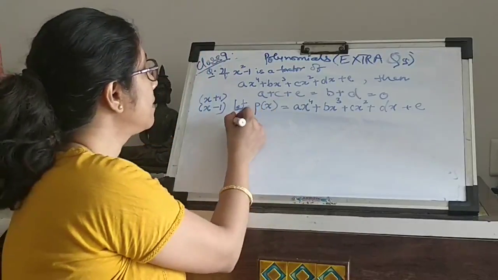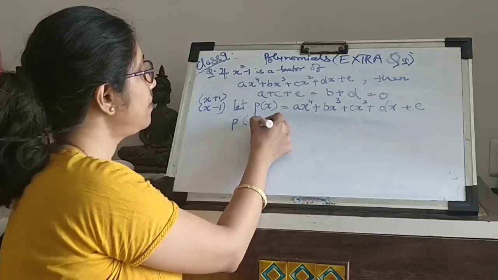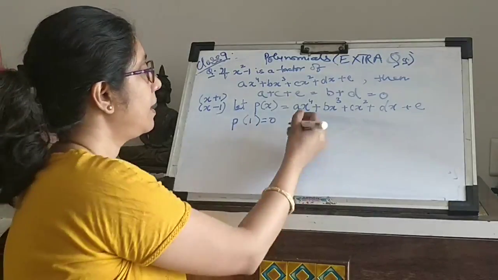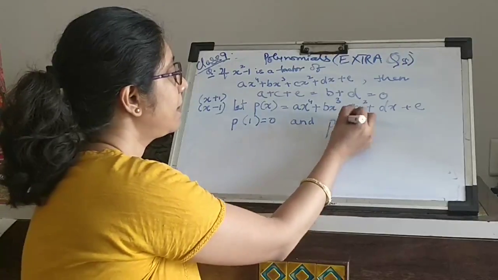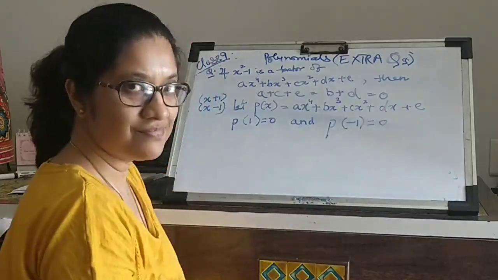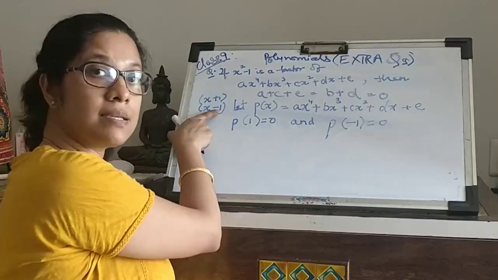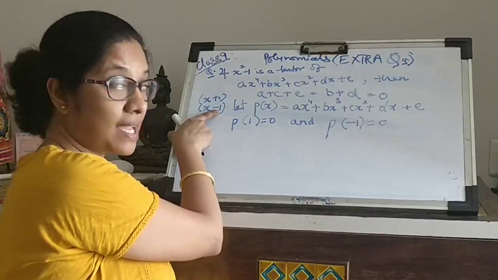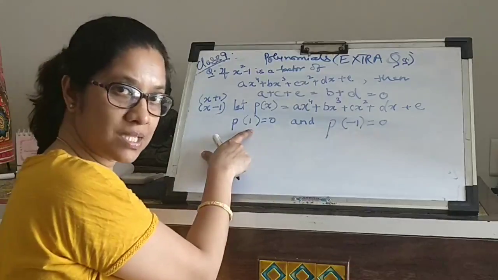That is, my p1 will be 0 and p minus 1 will also be 0. Right? Because from here I get x minus 1 is a factor, and hence p1 has to be 0.